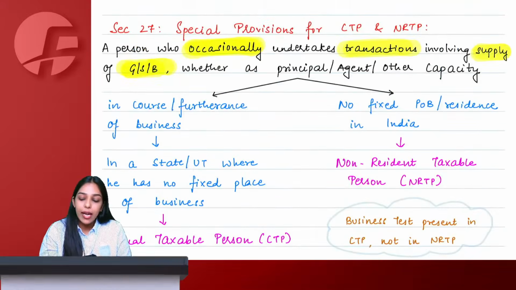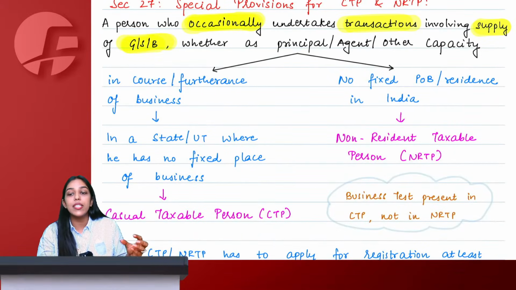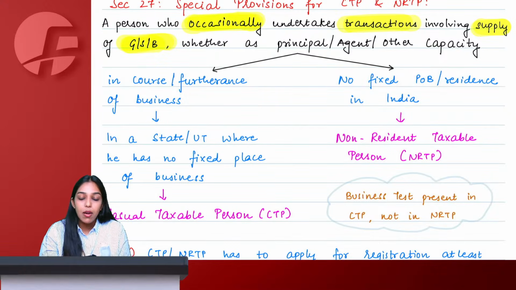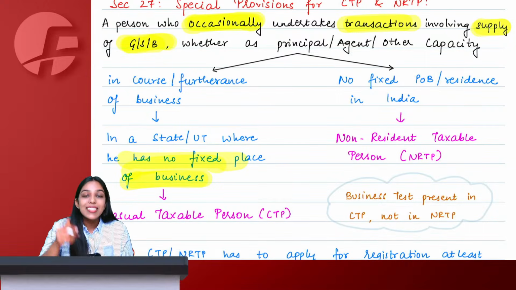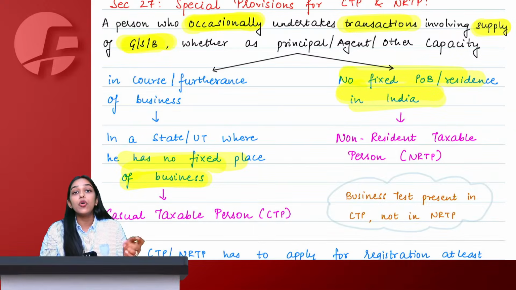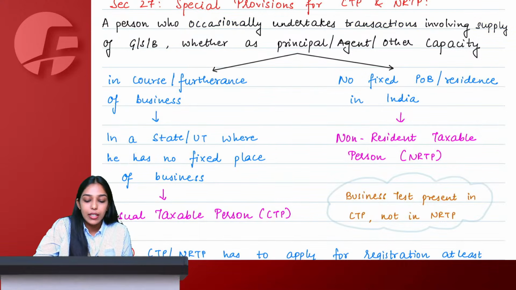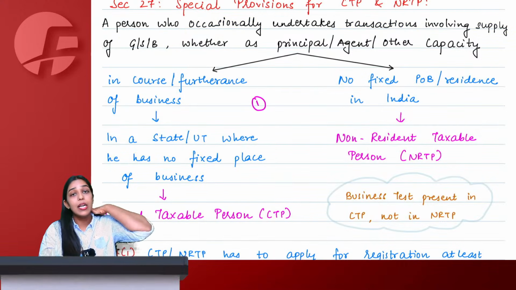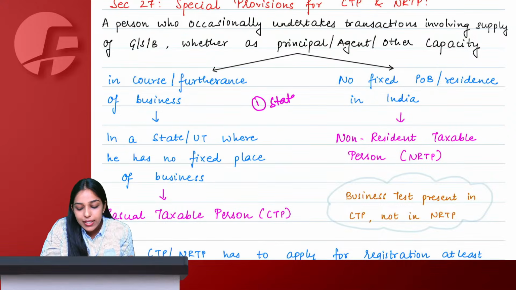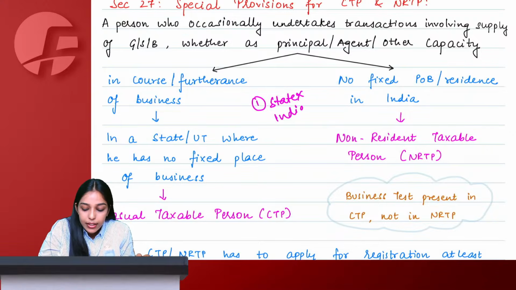But for a non-resident taxable person, we will say that this person does not have any place of business or residence in the entire of India. So the difference is that a casual taxable person is not there in that state, but for a non-resident taxable person, we have temporarily come to India only. There are two differences between CTP and NRTP. Difference number one: CTP is not present in that state but has a place in some other state, whereas NRTP is not there in the entire India.